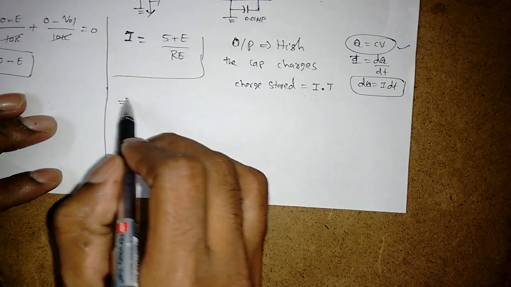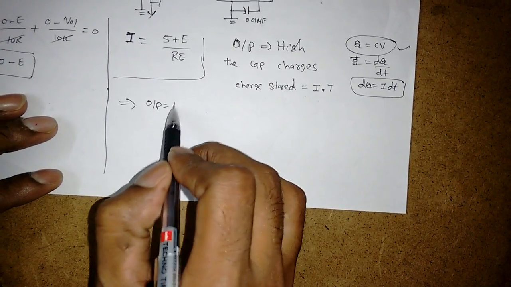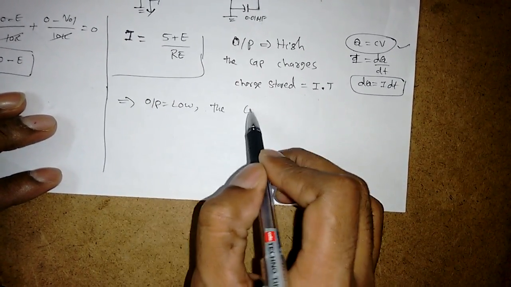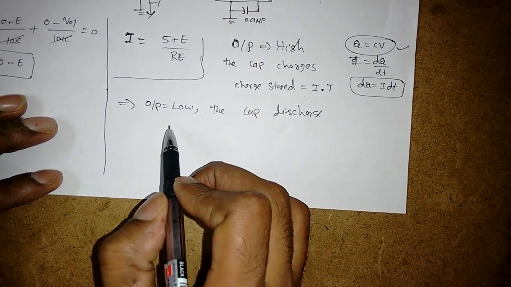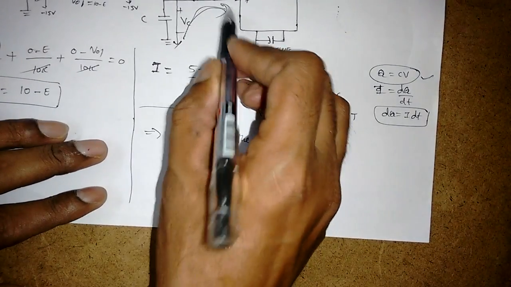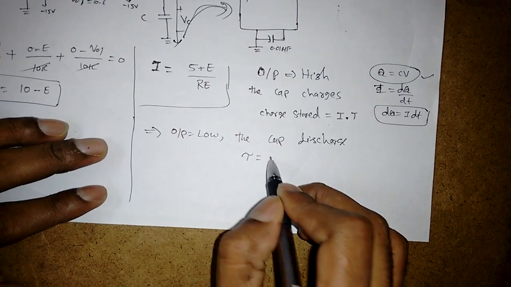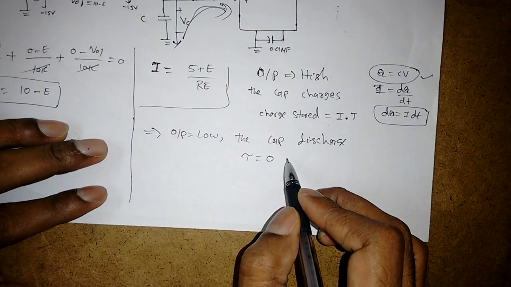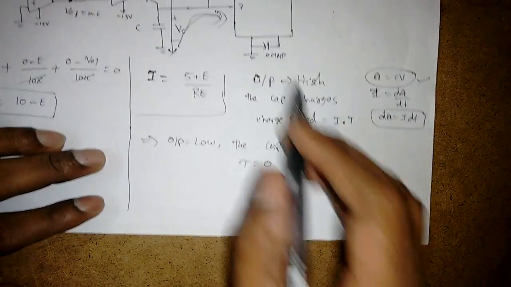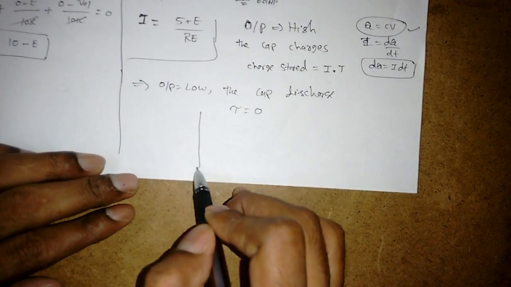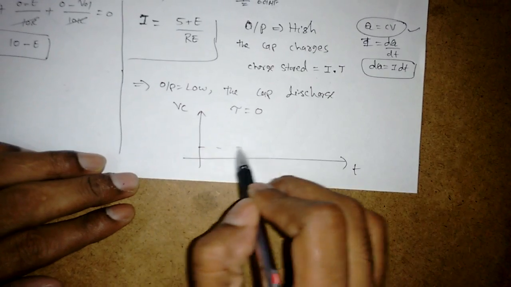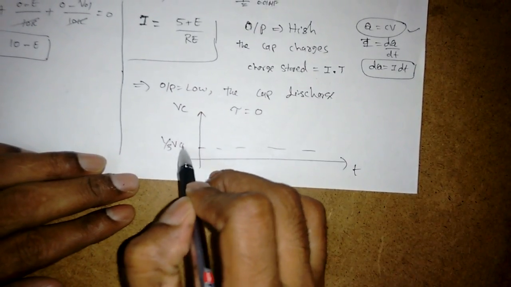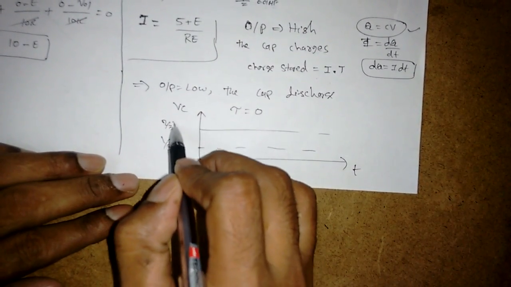Now when the output is low, the capacitor discharges. So it discharges through which path? It discharges through this path. In this case the time constant is 0, so it will quickly discharge, right? So this is the discharge path. Now if you draw the time versus VC, there is 1 by third VCC and there is 2 by third VCC.